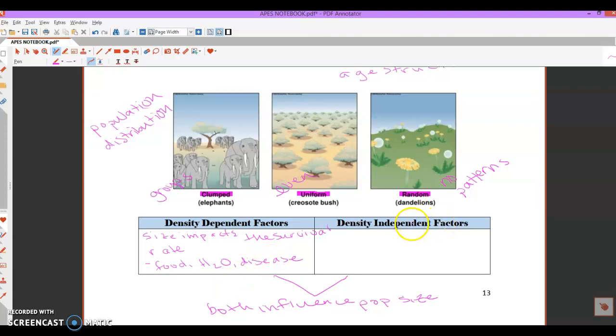Density independent factors mean that it is not based on the size of the population. So the size of the population really has no effect or doesn't make a difference. Okay? So we say the size of the population has no effect.